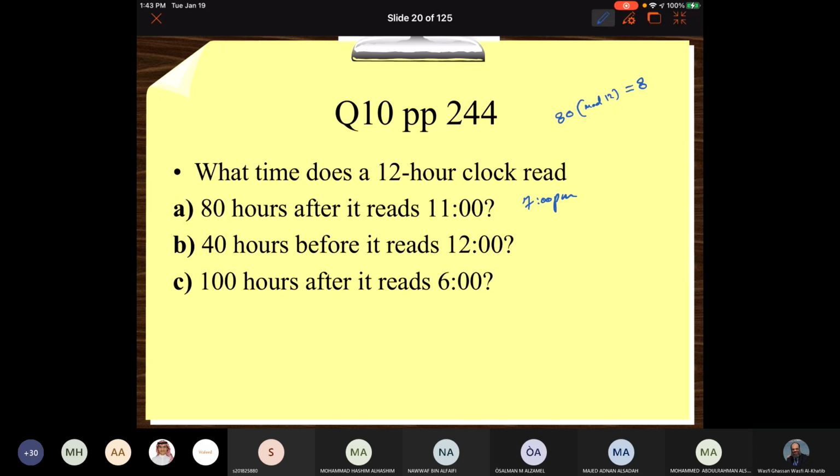I don't know why I said PM. We don't know, because this 11 could be AM or PM. So basically the answer is 7. And similarly, you can do, for example, B and C.